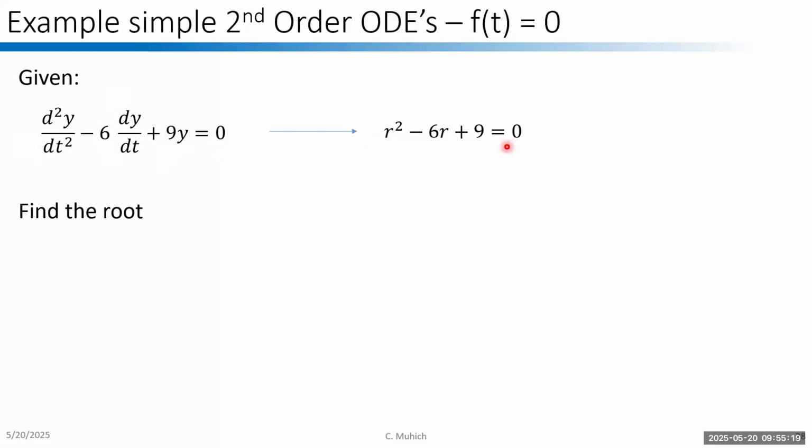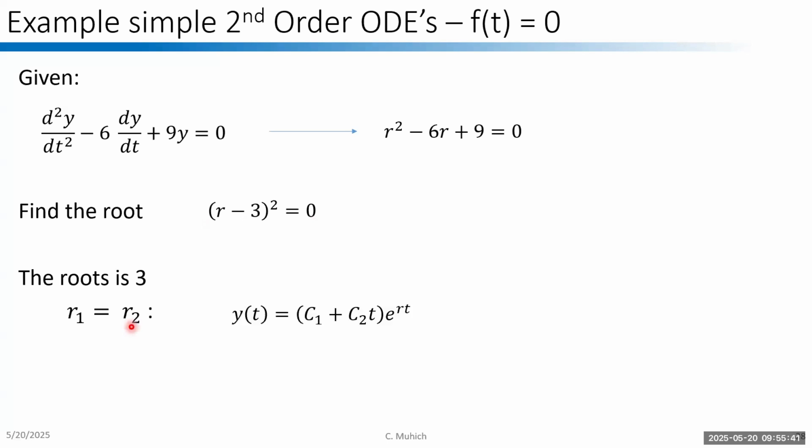What do I need to do? Well, first I find the root. What does this look like? Using an algebra approach, we can say that I have r minus 3 squared equals 0. Therefore, the root is 3. It's a double root, R1 equals R2.